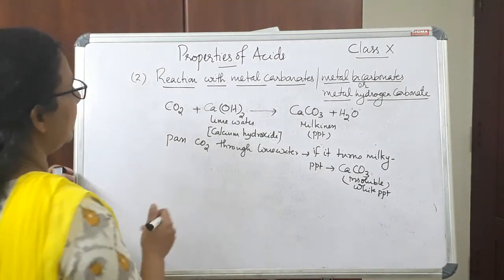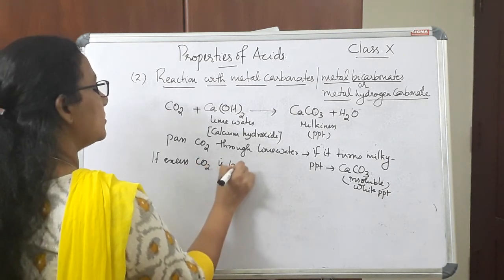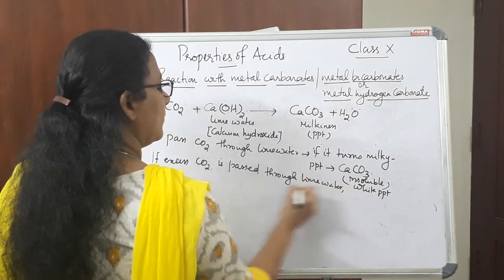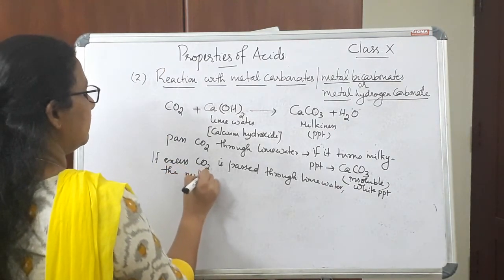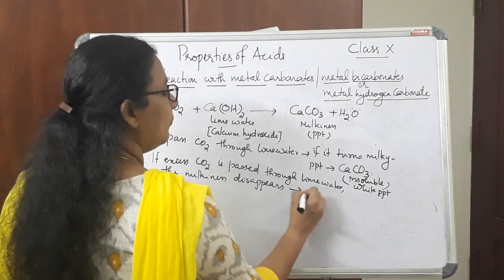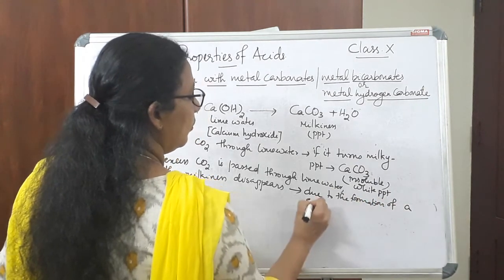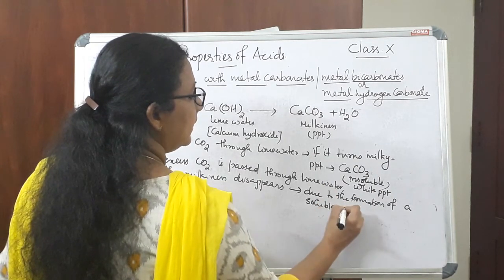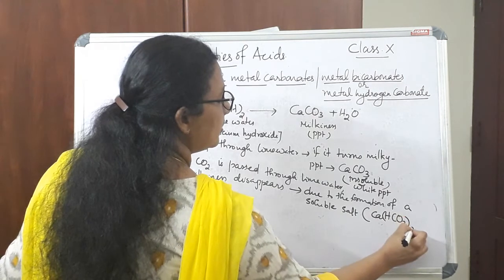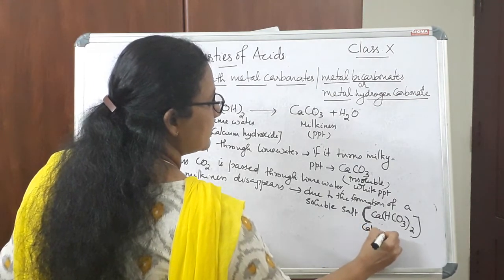The next point is, if excess carbon dioxide is passed through lime water, the milkiness disappears due to the formation of a soluble salt, that is calcium bicarbonate, Ca(HCO3)2.